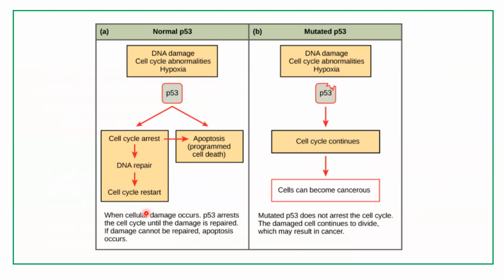If DNA cannot be repaired, P53 can send a signal for apoptosis, programmed cell death, so the cell dies. Now, if a mutation happens in the P53 gene, DNA is damaged and the cell cycle is abnormal, but P53 cannot do its work. Now the cell cycle continues and cells can become cancerous.